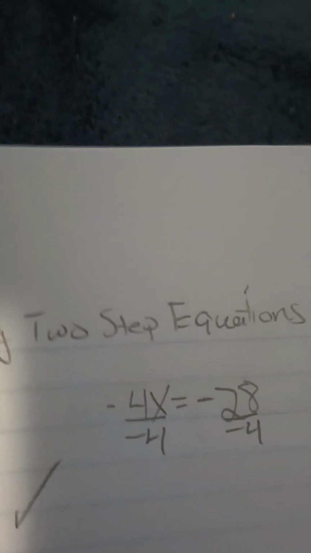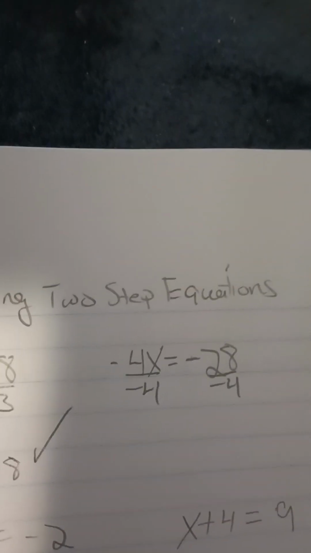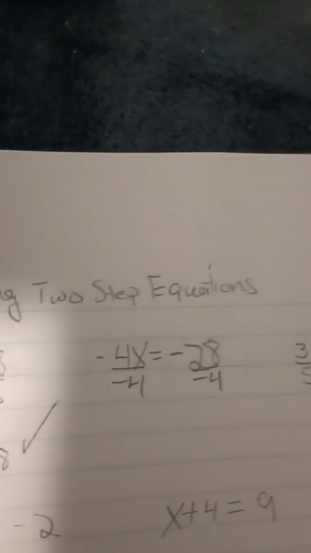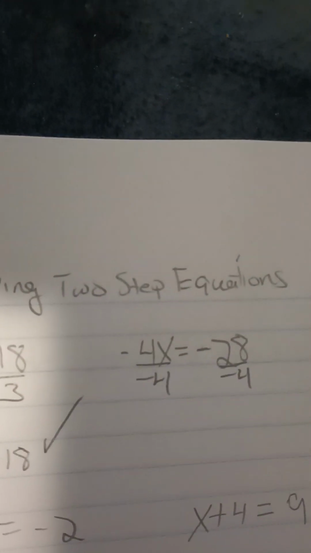So negative 4x divided by negative 4 equals negative 28 divided by negative 4. The reason I did that is because if I only divide one side by negative 4, I would be changing the equation.